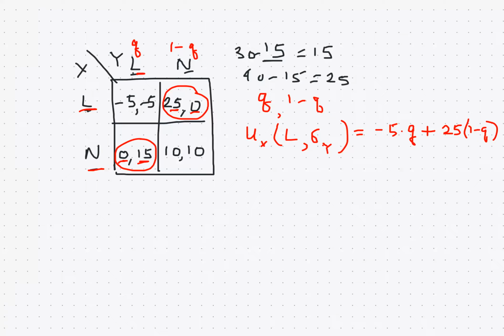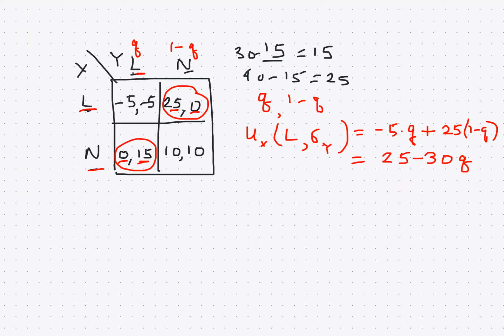So the expected payoff is equal to, you can simplify it. So -5Q plus 25 times 1 minus Q. So then 25 minus 30Q. Okay, so 25 minus 30Q.